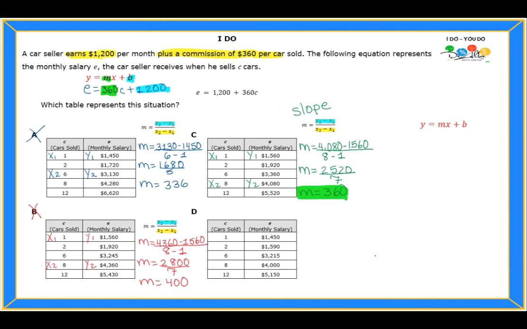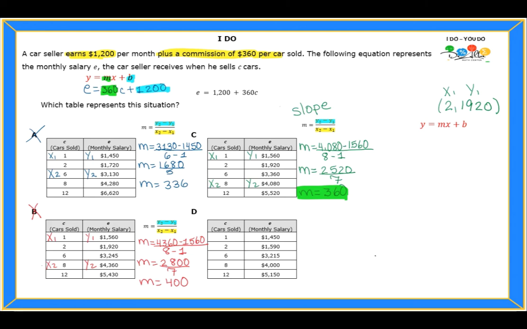So what point do I want to choose from here? Remember that you can choose any point that you want. So I'm going to choose 2 and 1,920. That's one of the points that I haven't used for the slope. So let's go ahead and write the labels. This is x sub 1 and y sub 1.